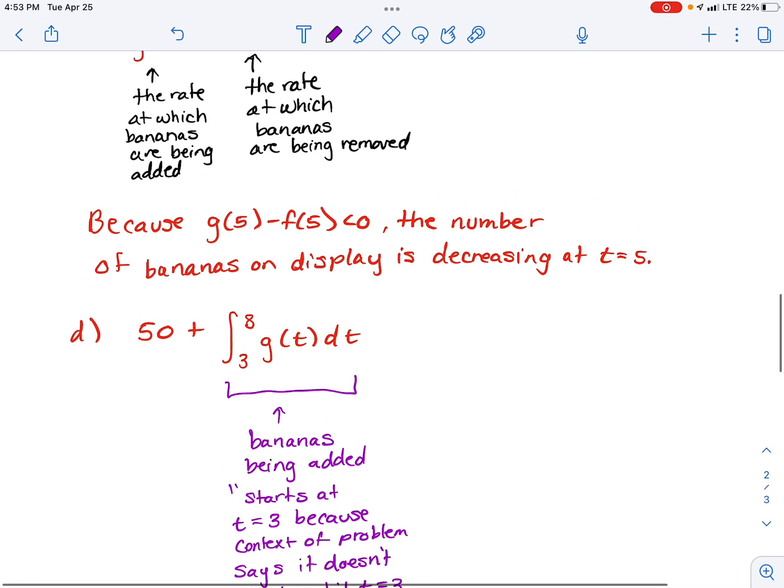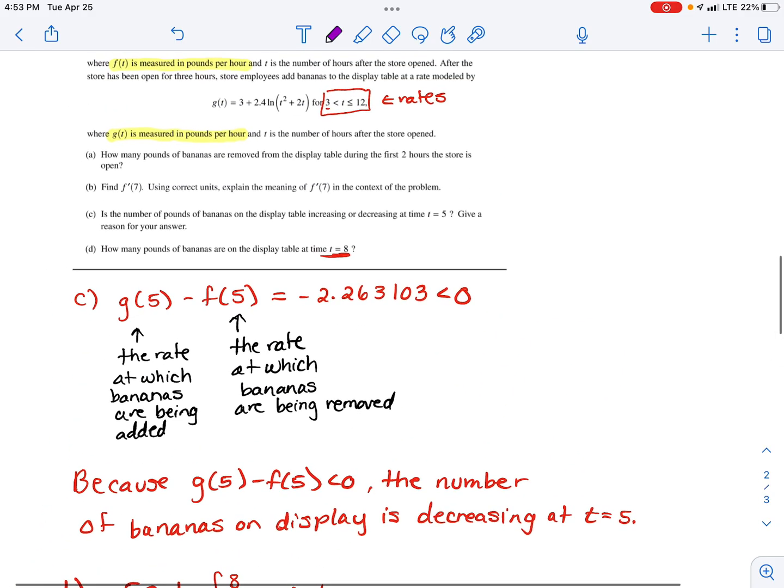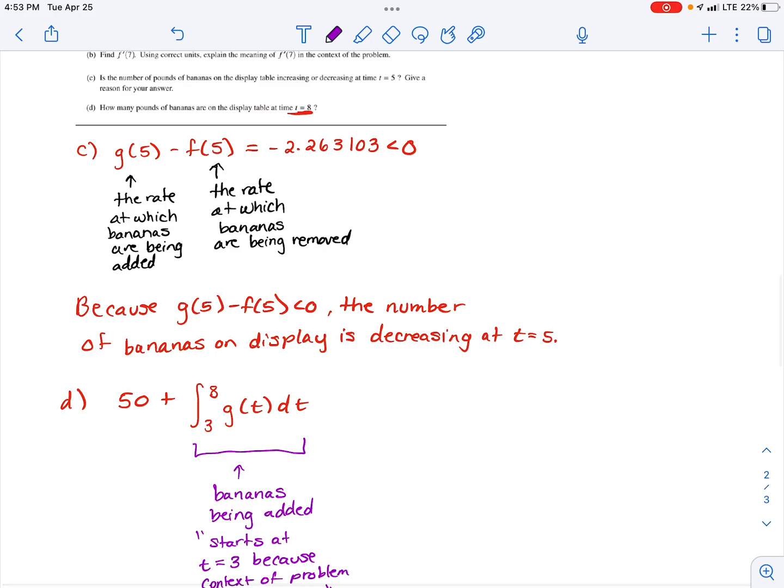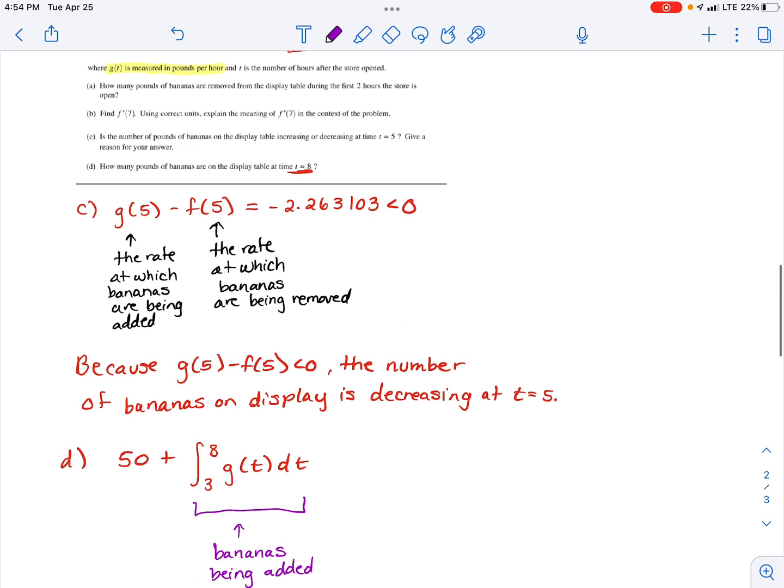Okay, and then obviously we're stopping at 8 because it says we want to know how many are on display at t equals 8. So far I've got the initial plus the amount that's being added from the time bananas start to be added to 8, because that's what we're looking at, right?